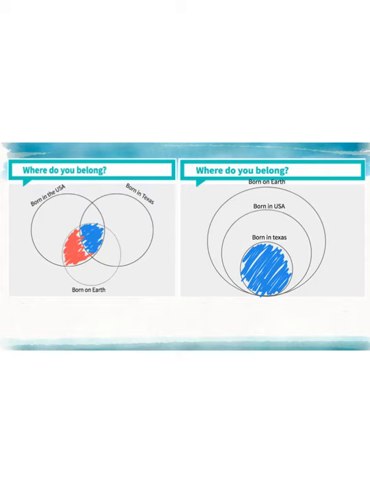Using my second example, if I was born in Florida, I was not born in Texas, so I can't shade in that circle, but I was still born in the USA, and I am still born on Earth. So I would shade in where I belong first, which is born in the USA. So I would shade in this circle red.